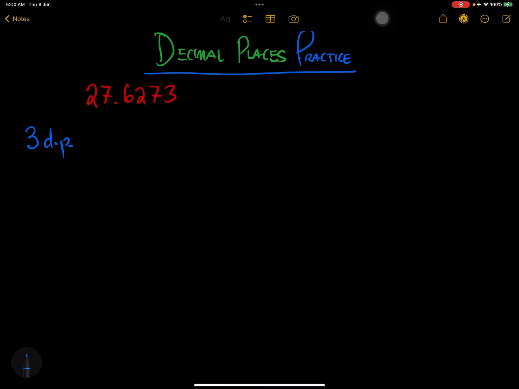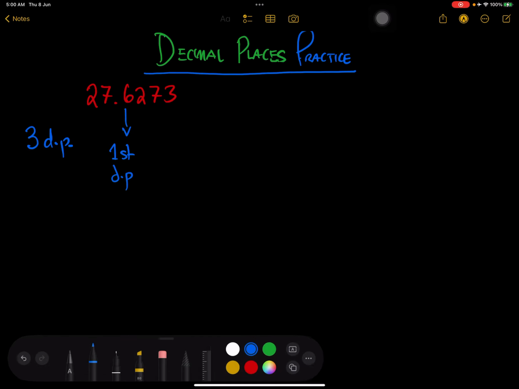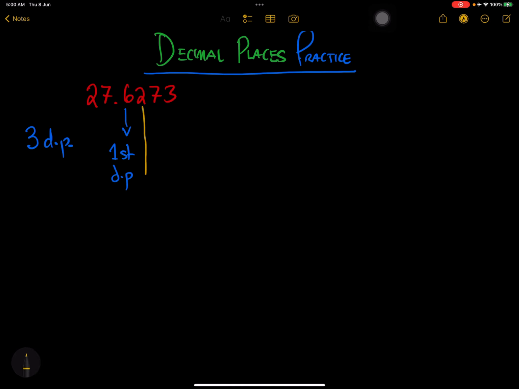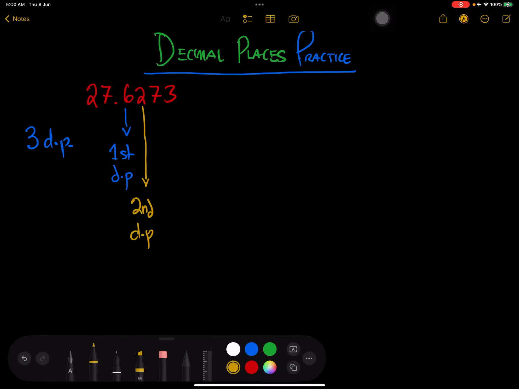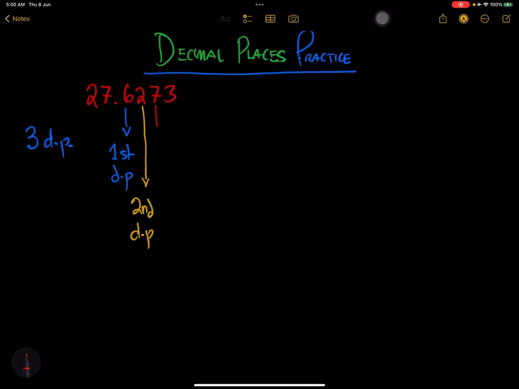This here is the first decimal place because it's right after the decimal point, and this is the second decimal place, and this is your third decimal place.